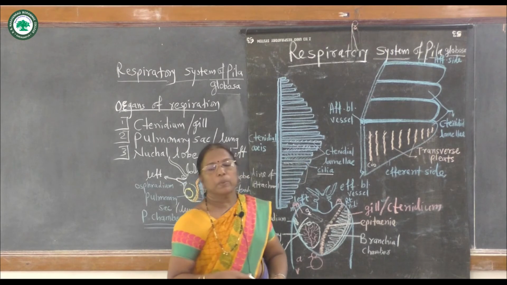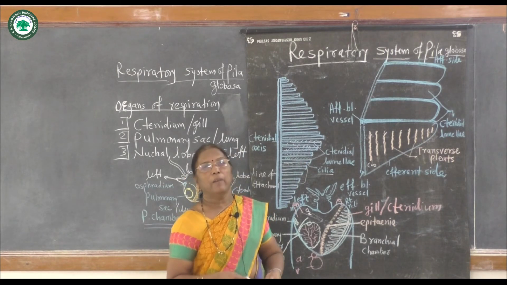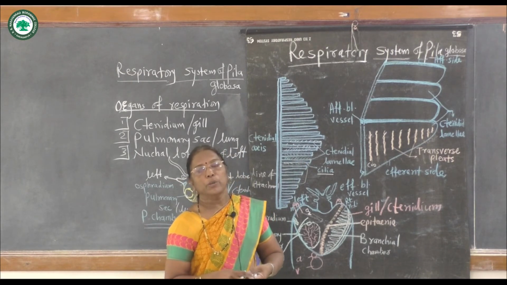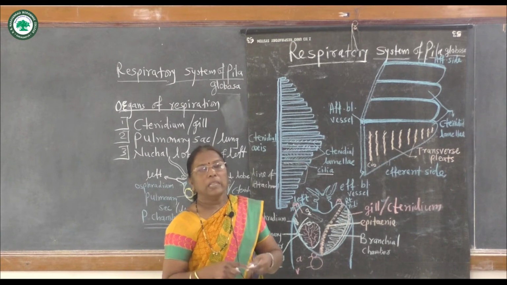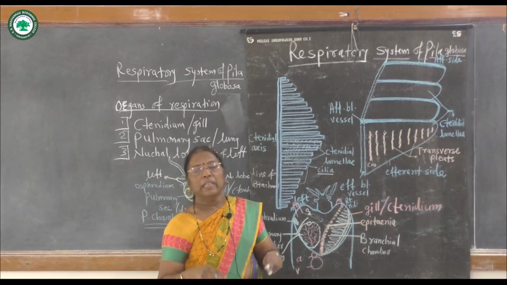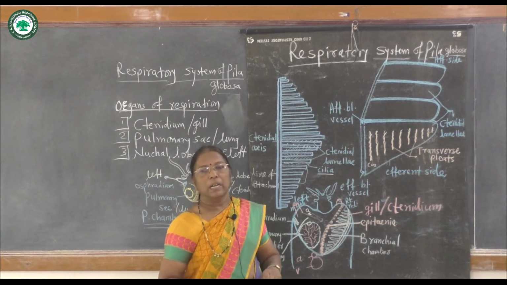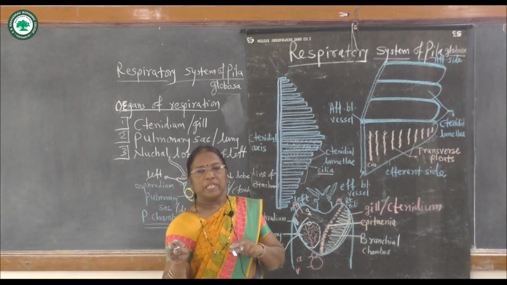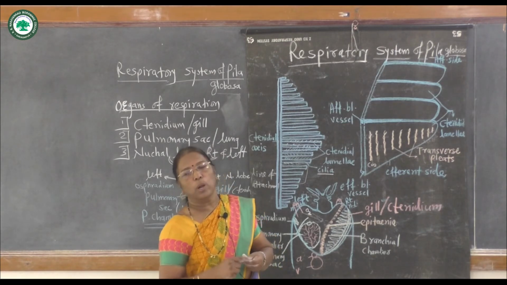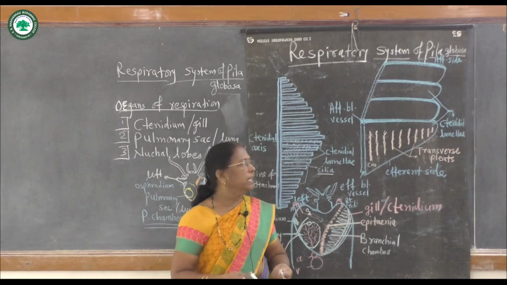These cilia beat continuously in the surrounding medium and maintain the water current which enters through the left nuchal lobe during aquatic respiration.